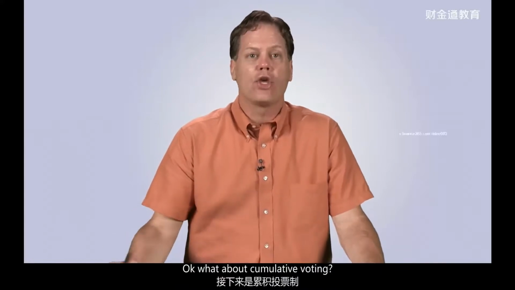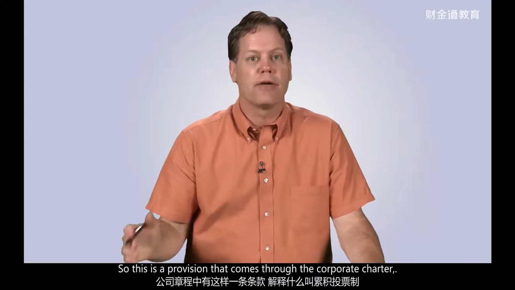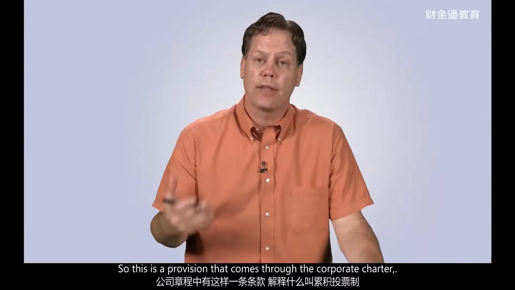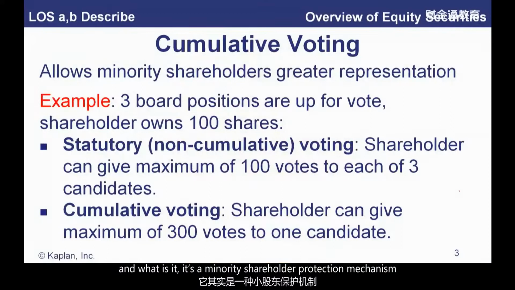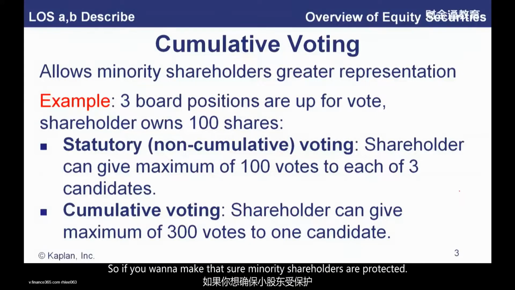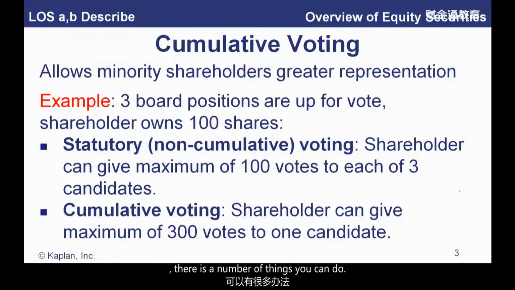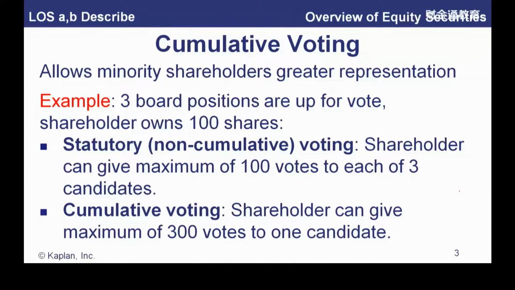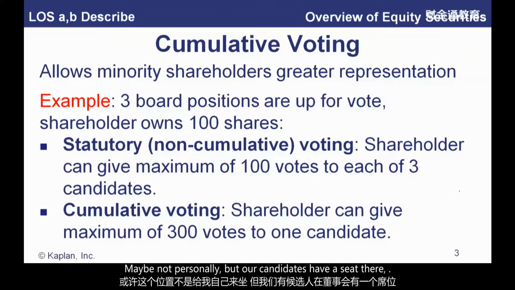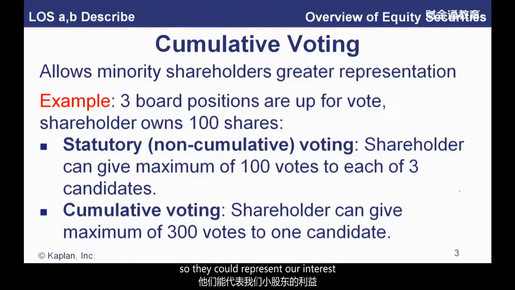Okay, what about cumulative voting? This is a provision that comes through the corporate charter, and it's a minority shareholder protection mechanism. If you want to make sure that minority shareholders are protected, there are a number of things you can do. One of them is to allow for cumulative voting. If we are a minority shareholder in a corporation, what we would really like is enhanced ability to get a seat on the board of directors, maybe not personally, but our candidate to have a seat there so they could represent our interests.